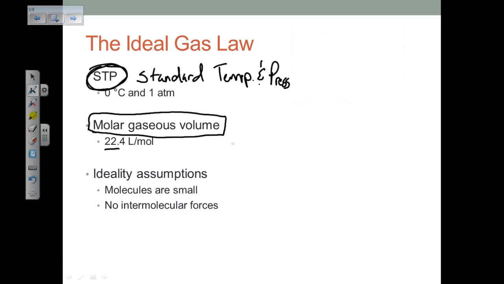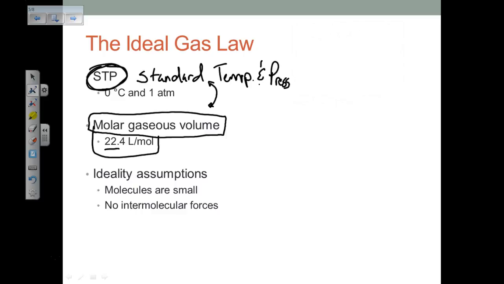That's assuming that we have 1 mole of gas, whatever the gas is, at standard temperature and pressure. So it's kind of like 3 standards here. There's standard temperature and pressure, STP, and then there's this molar gaseous volume, which is a constant, which doesn't change, and that is this 22.4 number.